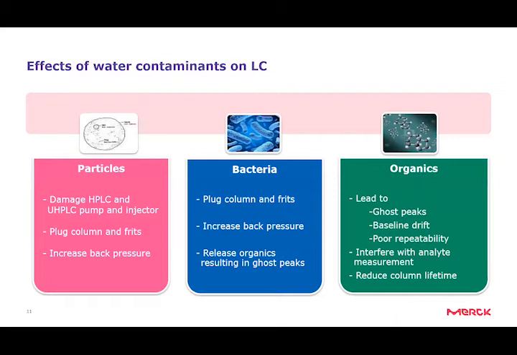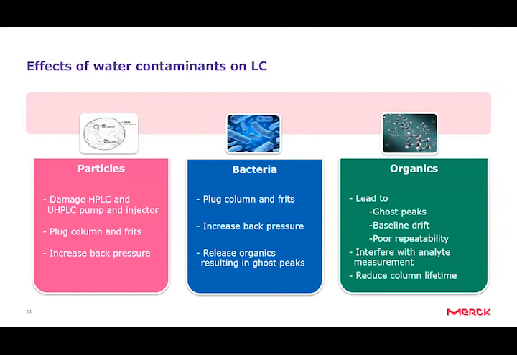We can see damage to the HPLC and UHPLC pumps and injector, plugging of the column and threads, and increased back pressure. Bacteria may have a major effect on plugging the column and threads, increasing the back pressure, and releasing organics resulting in ghost peaks.